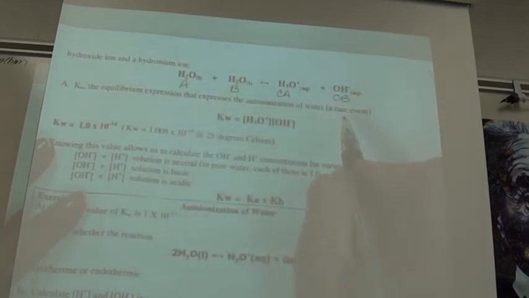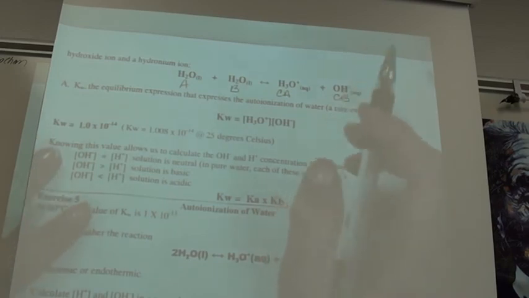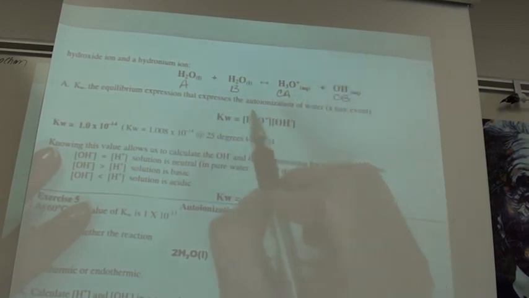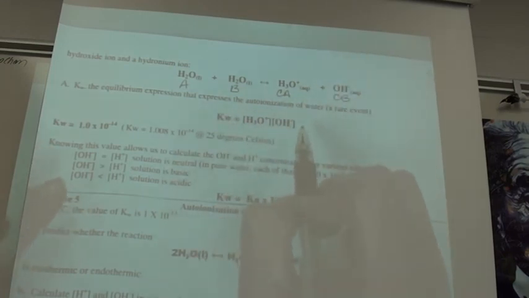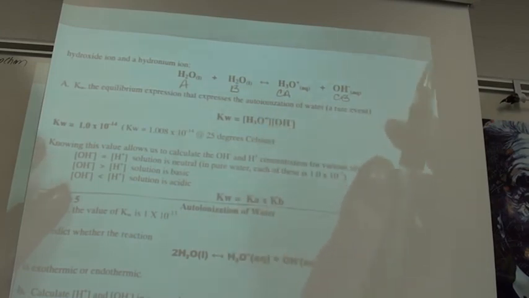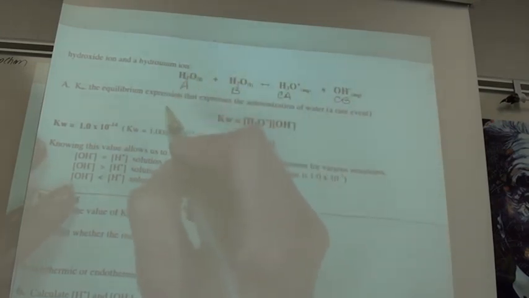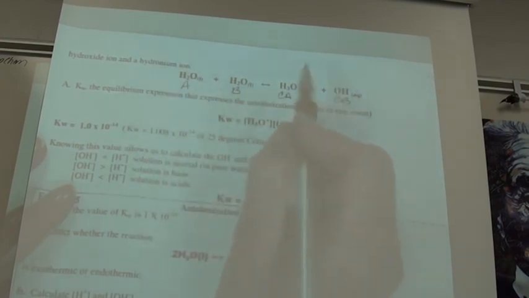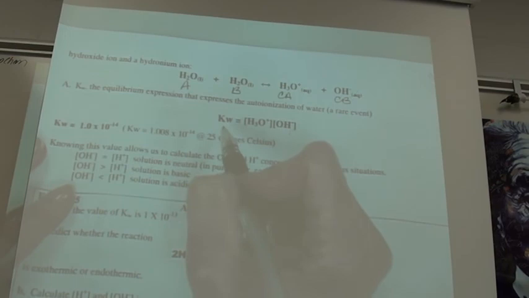This is just a few molecules of water in a beaker. Not all of them do that. But they're enough that it produces sometimes an inequality of hydrogen ion to hydroxide ions. The equation that we would use to write the equilibrium expression for this reaction would be this.